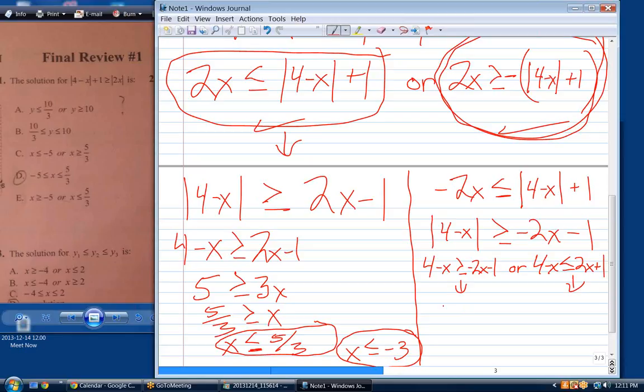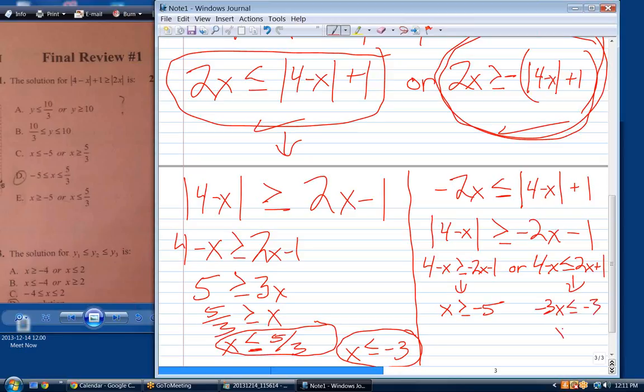Add the 2x so it becomes x is greater than or equal to -5. And then solve this one. Subtract 2x, so you get -3x is less than or equal to -3.